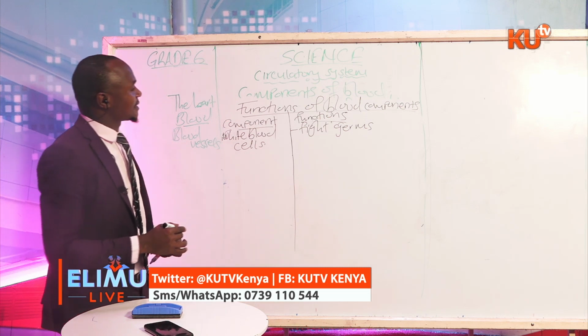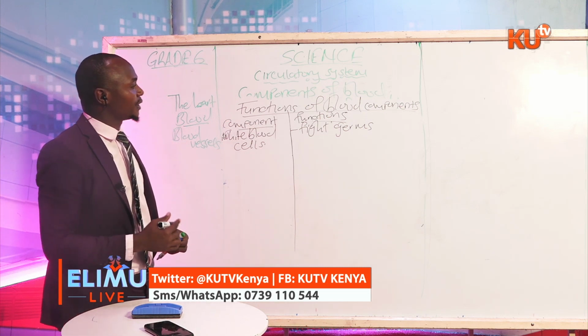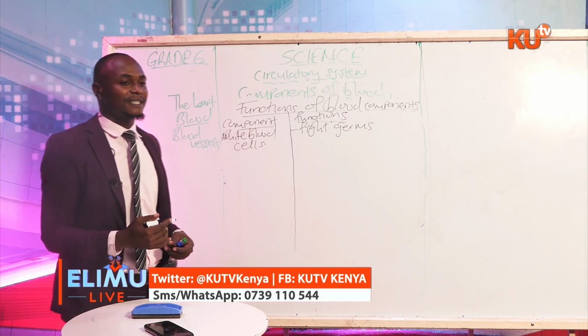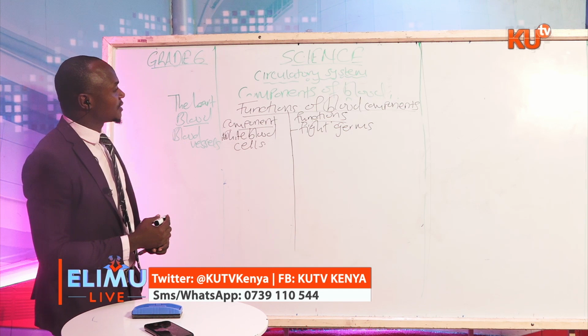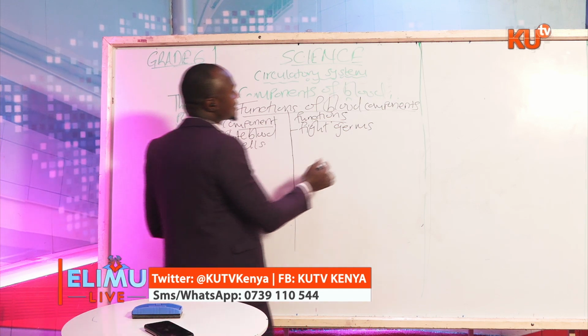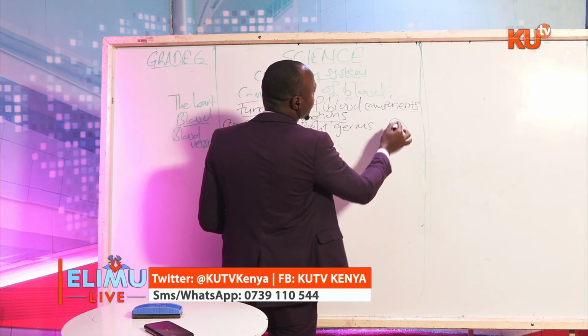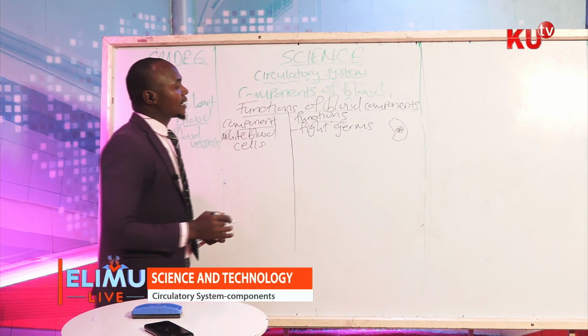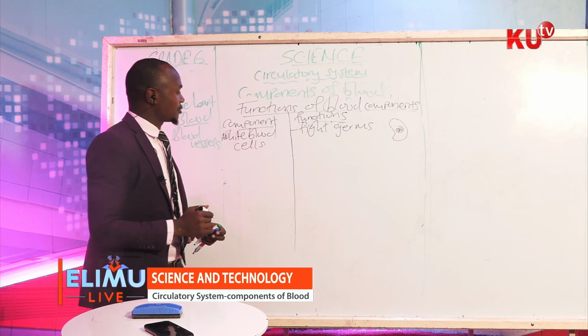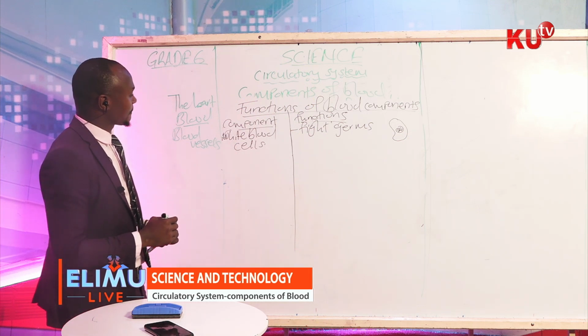They act as the defense forces of the body. They fight the diseases, the germs that cause diseases. Remember, we have said that this one has an irregular shape and inside has a nucleus, and that one is not the function of the white blood cells.